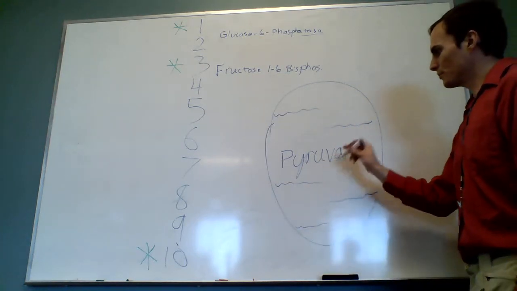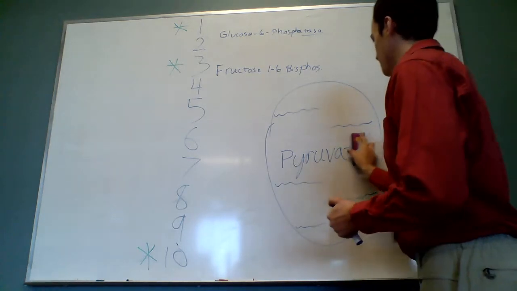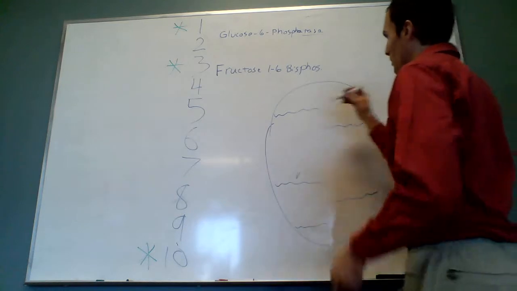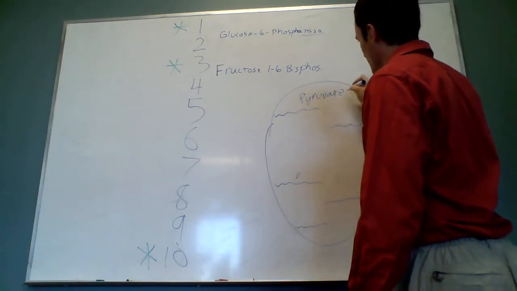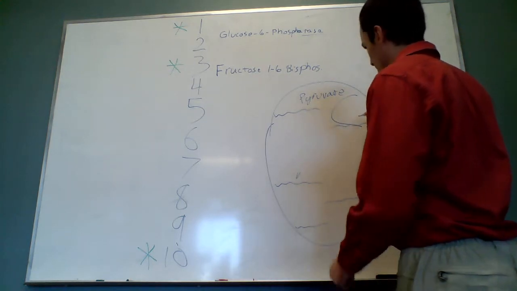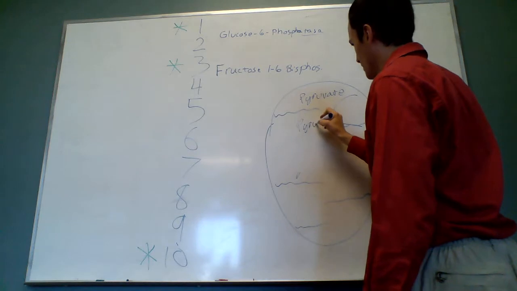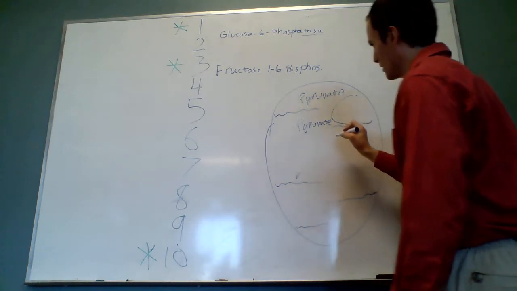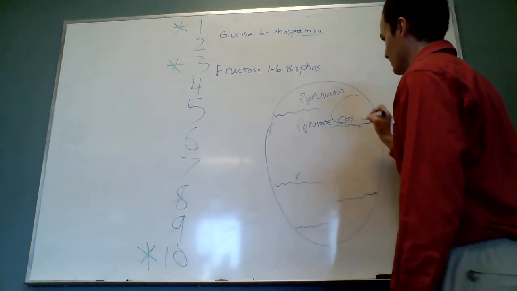Anyway, so pyruvate gets acted on by pyruvate carboxylase, and I'm just going to put CBX for carboxylase.